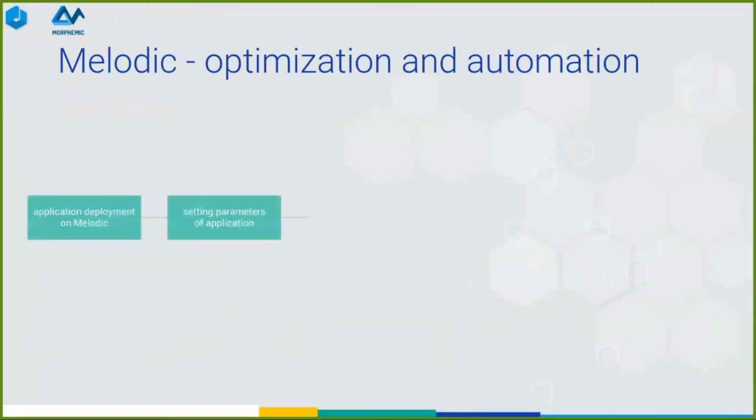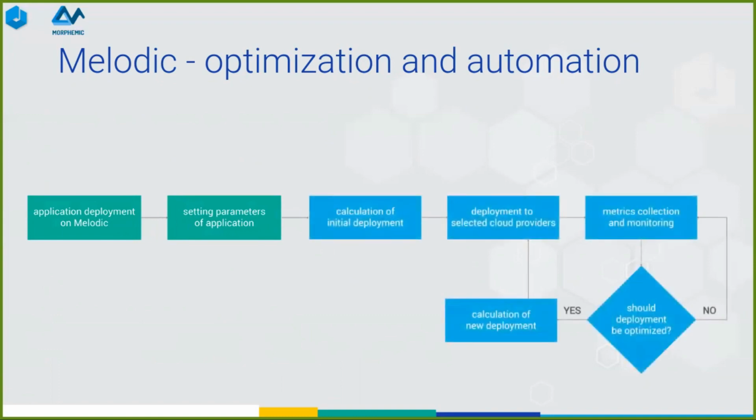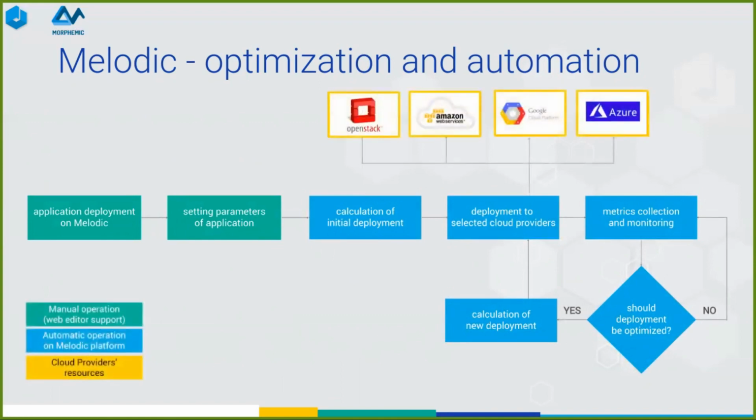How does it work? At first, the DevOps person needs to model the application in CAML and set the initial values of the parameters. Then Melodic calculates the initial best deployment and automatically deploys this selected deployment to the cloud providers.